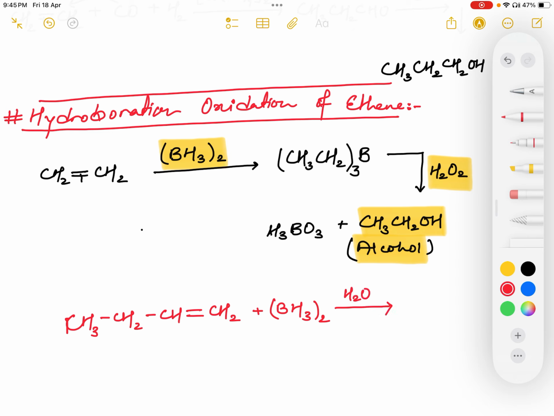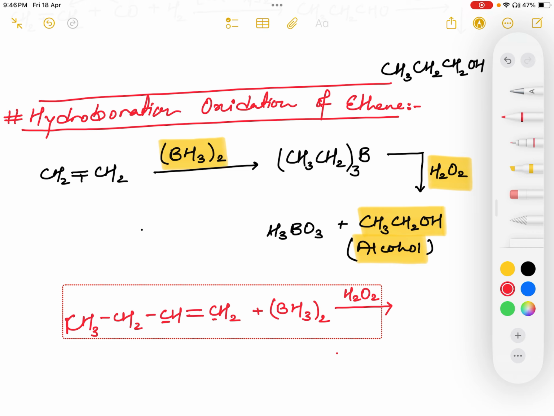Don't get confused about what type of alcohol will be formed. If the OH attaches to this carbon, 1 degree alcohol. If the OH attaches to this carbon, it will be 2 degree alcohol.